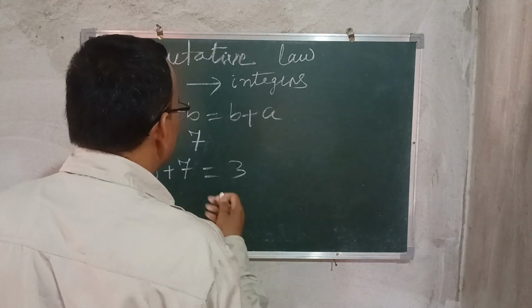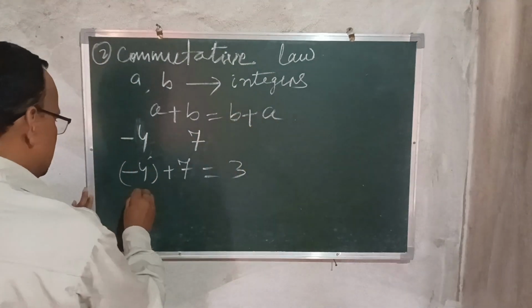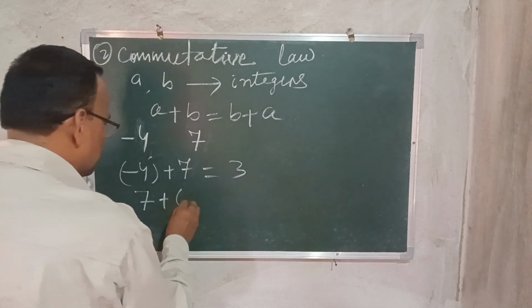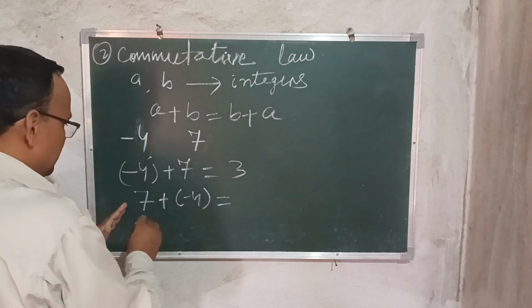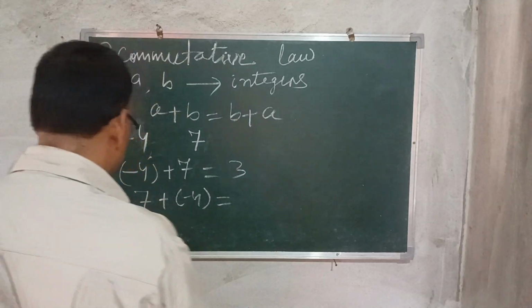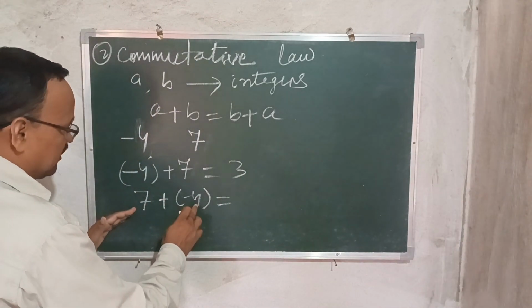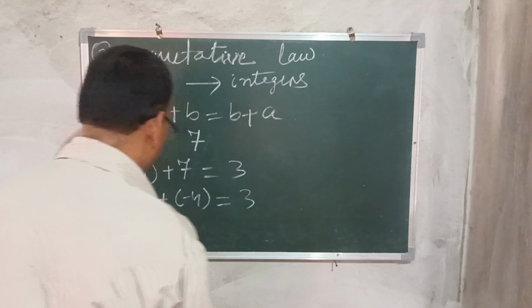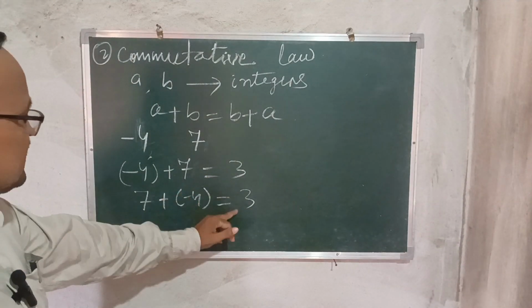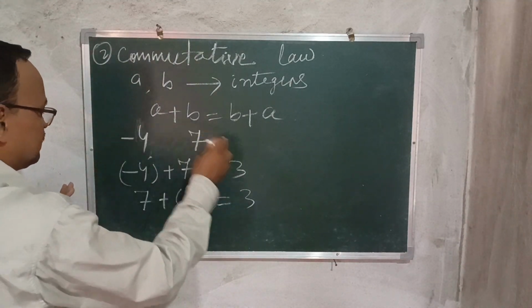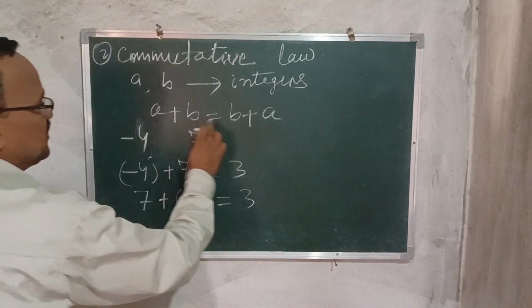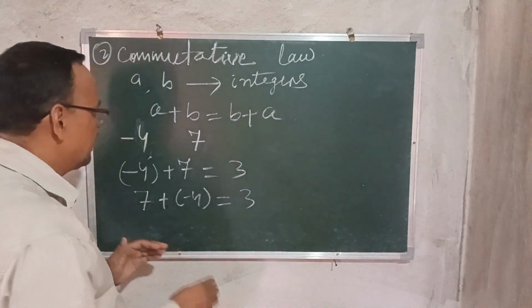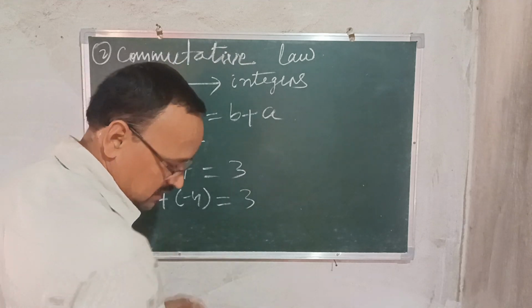And vice versa, if we take B plus A, 7 plus minus 4, in the case of unlike integers, 7 minus 4 is equal to 3, subtraction. So that is the same. From this proof we know that A plus B is equal to B plus A.